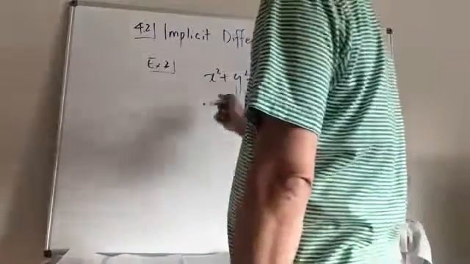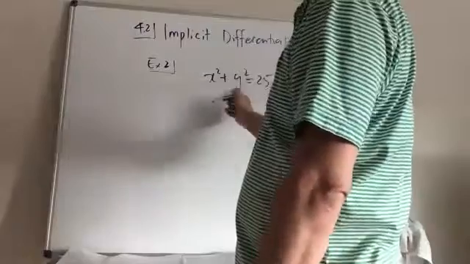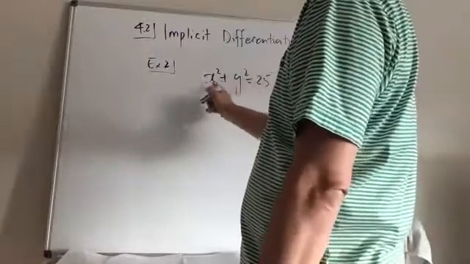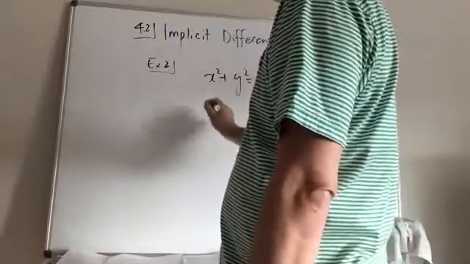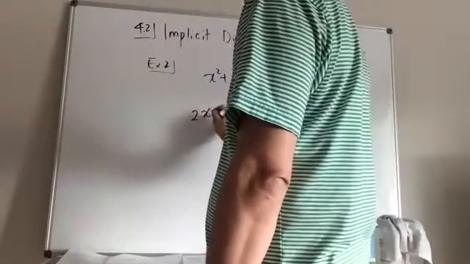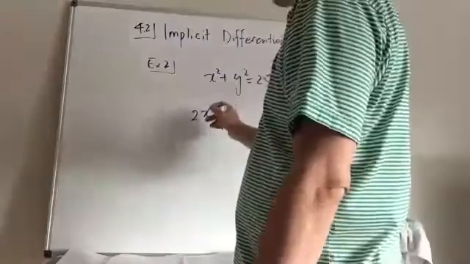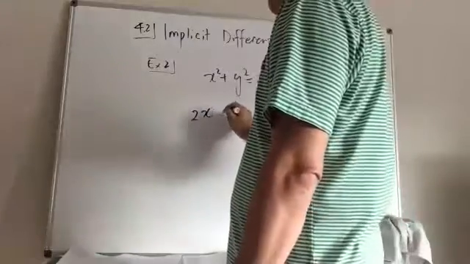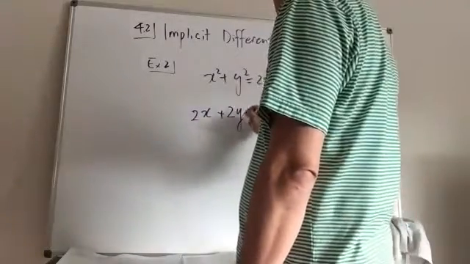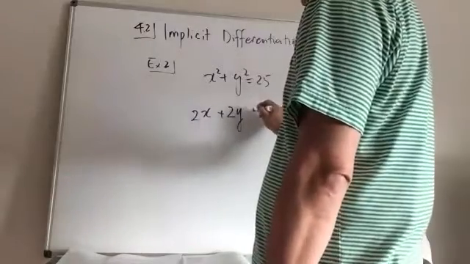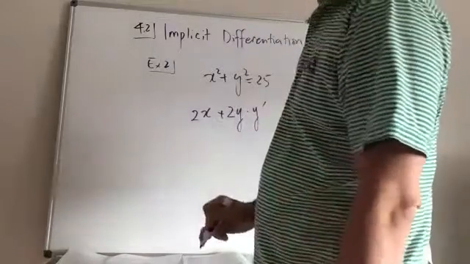If I do that, I'm going to take the derivative of this again. We're going to take the derivative of this side with respect to x. So I'll have 2x here, and there's no need to do the chain rule here because it was just x. Now over here, I'm going to go 2y, just like we did before, times y prime with the chain rule.